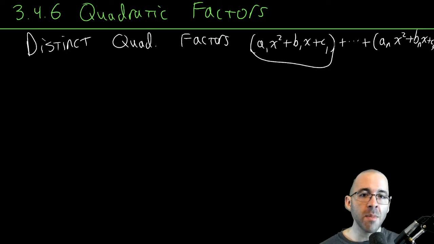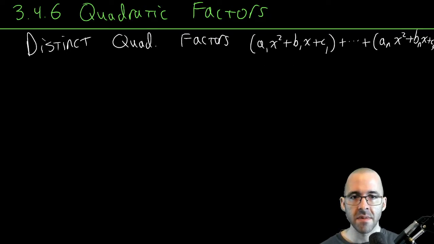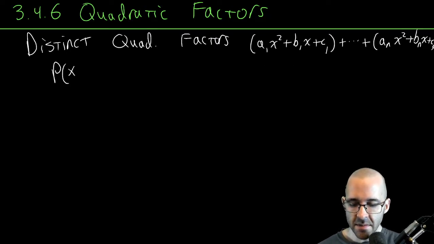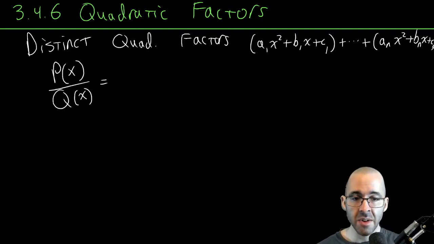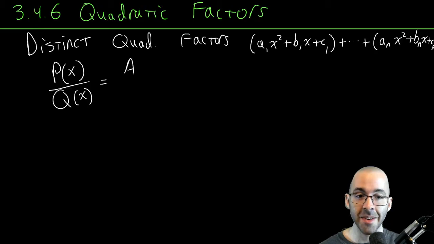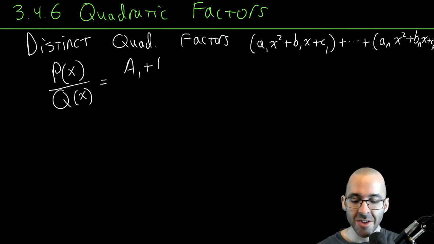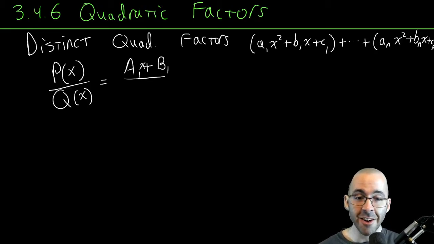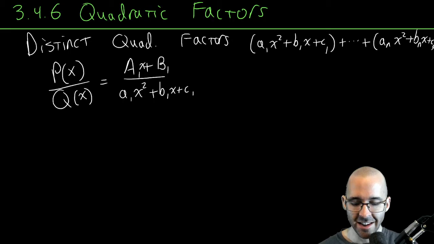But if these are prime quadratic factors, then what we get is p of x over q of x is now, instead of some constant on top, it's going to be a linear function on top divided by that first quadratic factor.